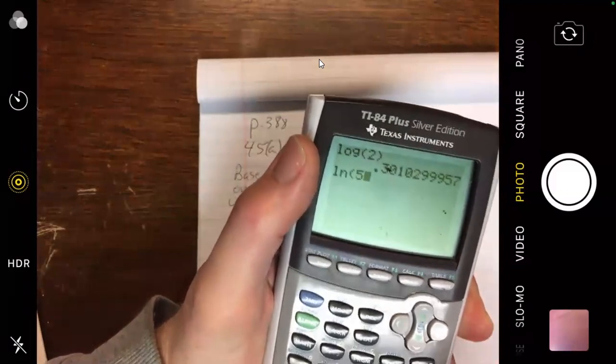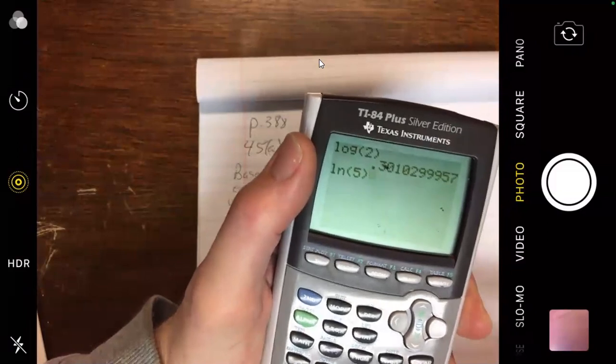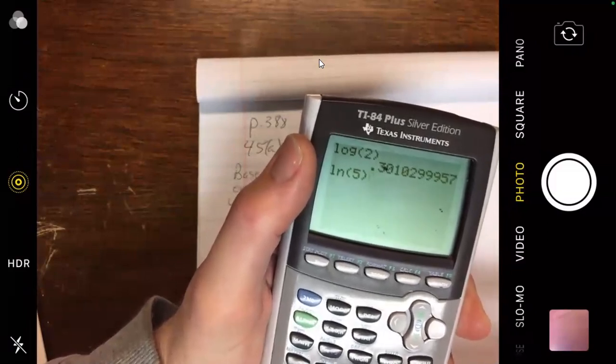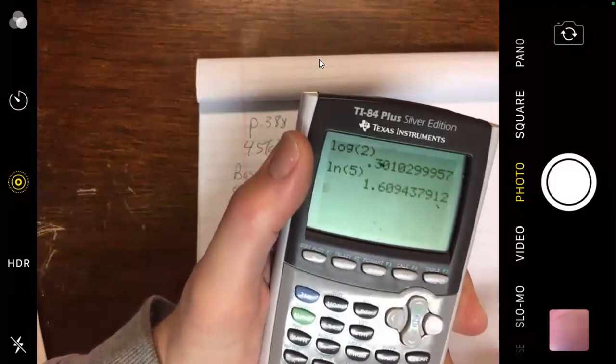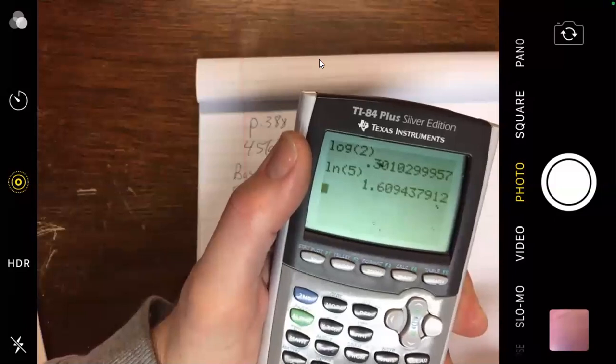A little bit of delay on this, more delay than usual today. Enter. 1.6094, I guess, to 4 places.